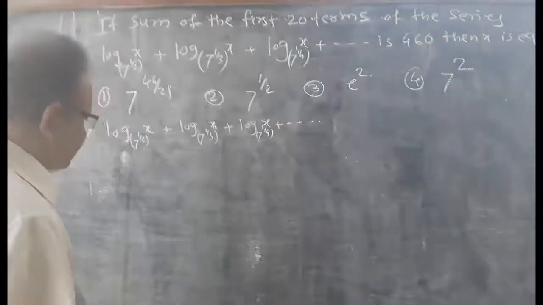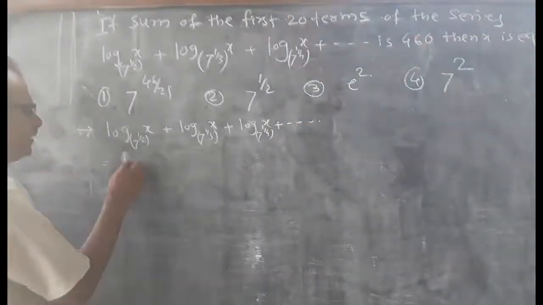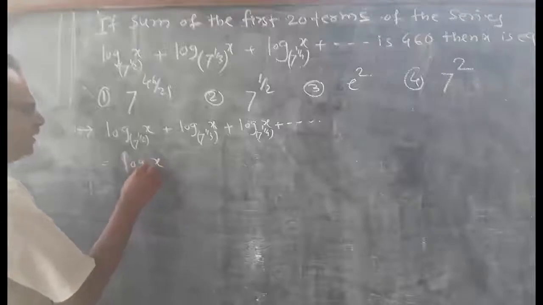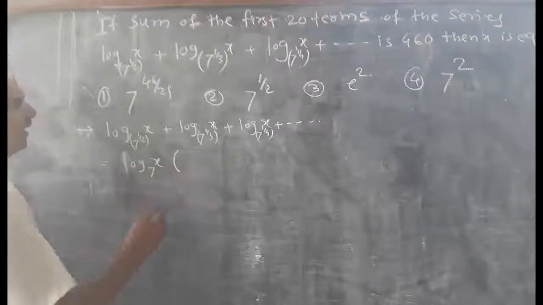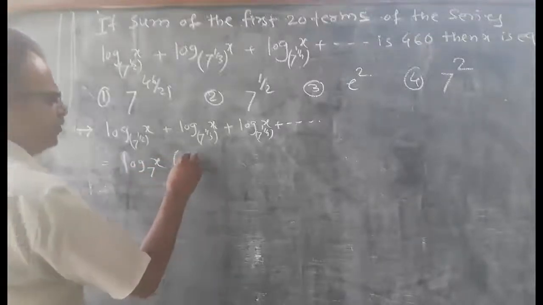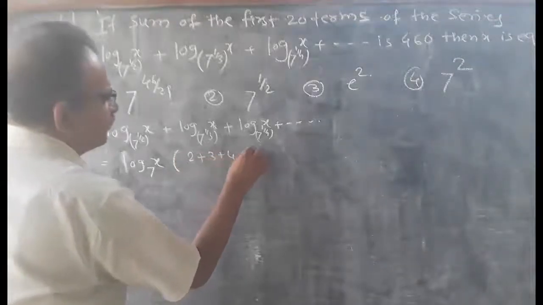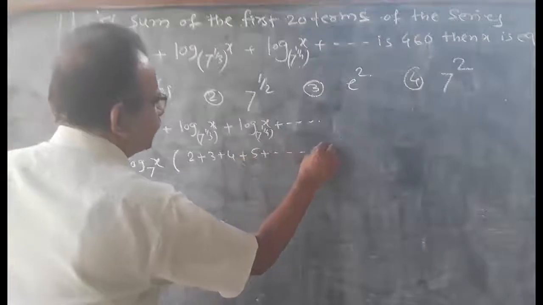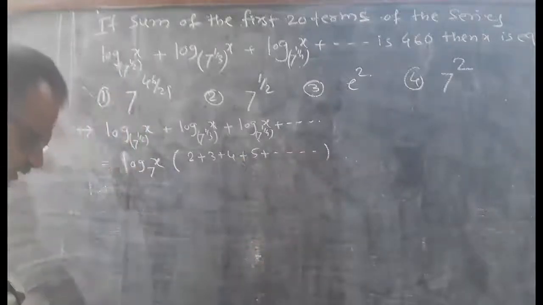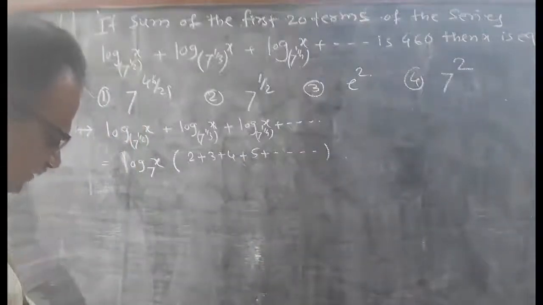This can be written as log of x to the base 7 into (2 plus 3 plus 4 plus 5 plus so on). In this way we can write this series.